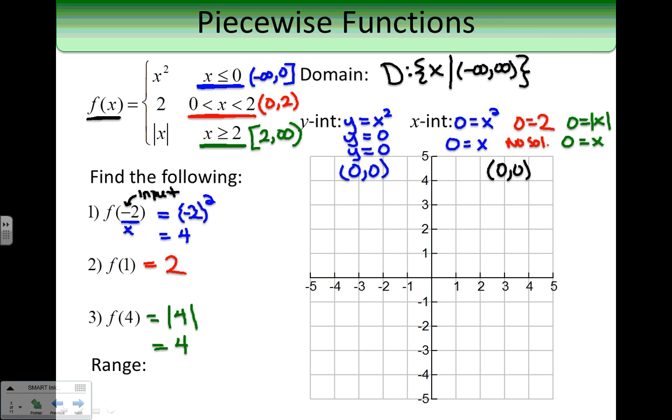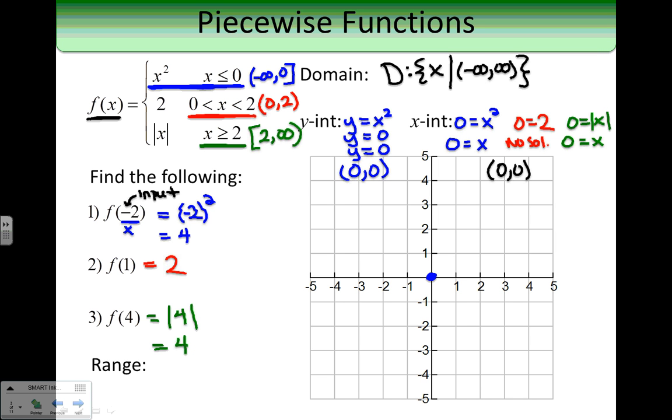I'm going to start with 0 and plug that into the function. If I take 0 and plug it into x squared, I get 0. Since the domain for the x squared function is anything less than or equal to 0, I'm going to keep going down.